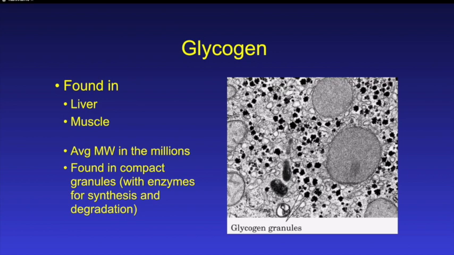We synthesize it and degrade it, synthesize and degrade it. That would get us nowhere. And so the manipulation of a glycogen granule, whether to synthesize it or to degrade it, requires a high level of coordinated regulation. We'll go ahead and look at that particular coordination in detail in the next chapter.